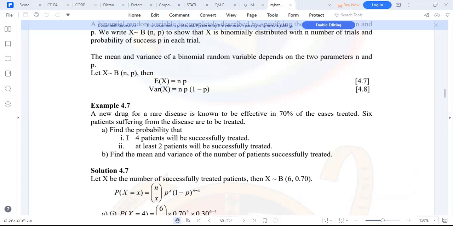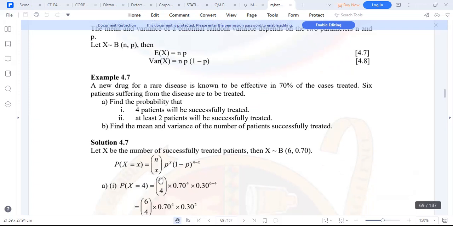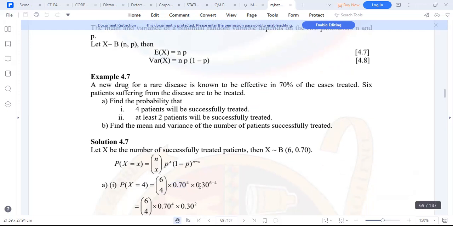Part 1: find the probability that 4 patients will be treated. So our x is 4. So we're going to do 6 combination 4. The 70% is 0.7 and the 30% is the failure, 0.3. The 4 will come on the 0.7, then the difference 6 minus 4, which is 2. Remember the powers must add up to the top. So 4 plus 2 is equal to 6.